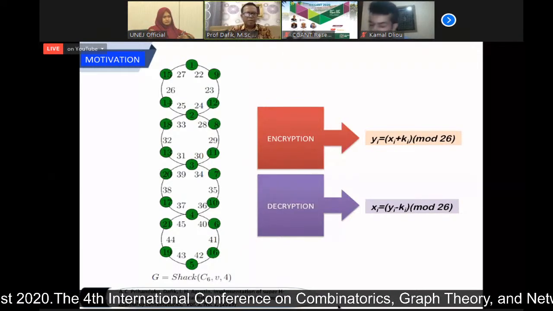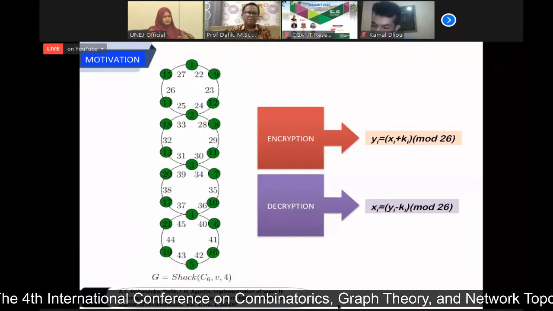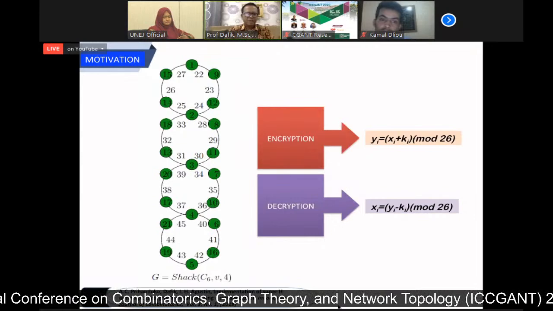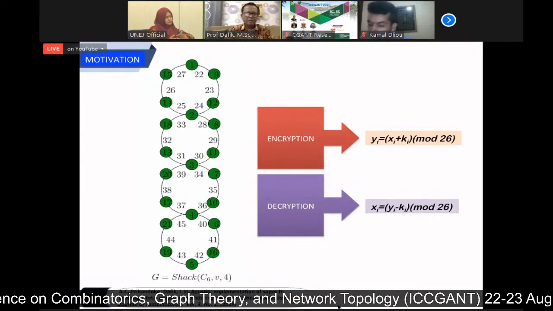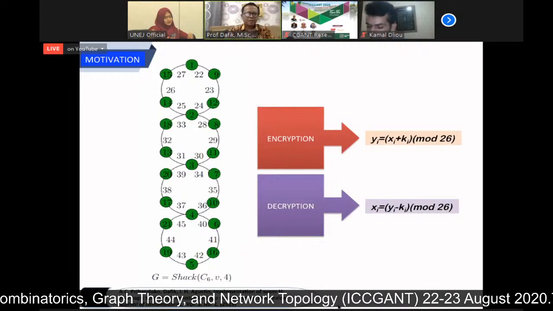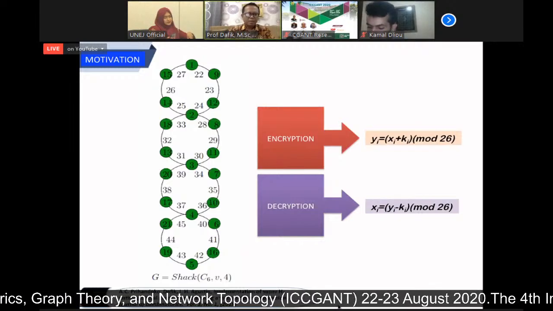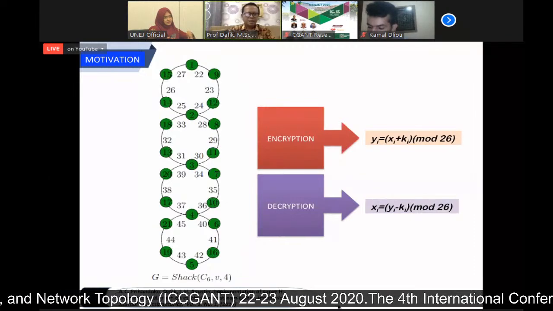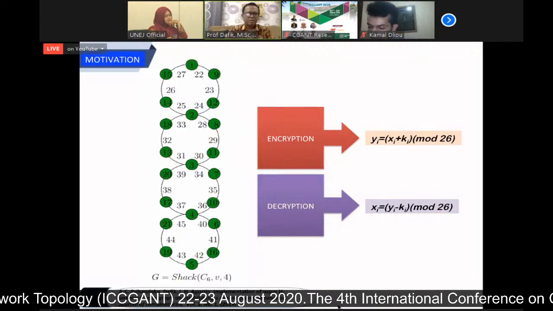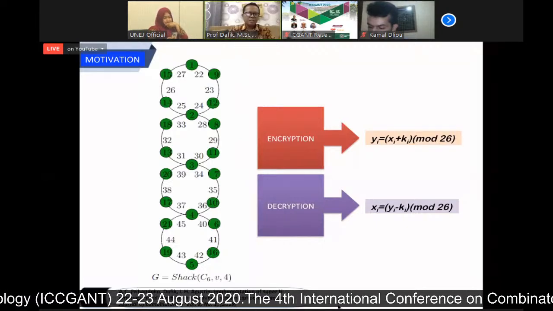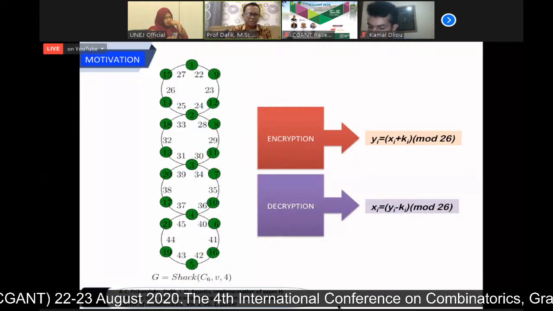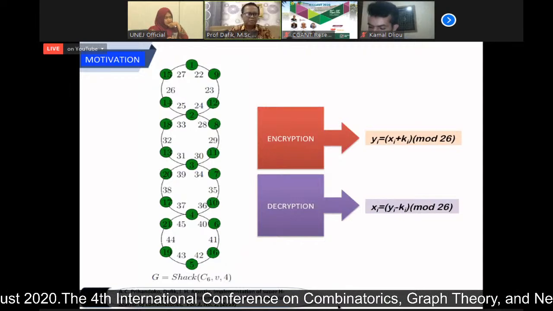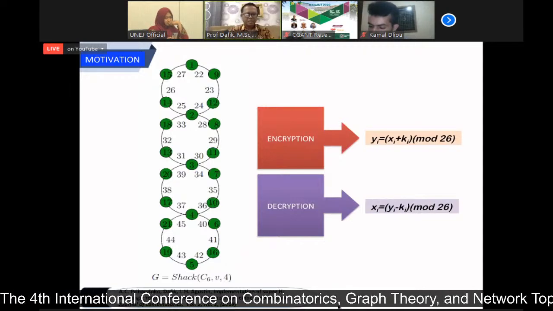So when we have a labeled graph, here we can see a cycle of order 6, and we assign labels onto the vertices. Then we take the addition of two adjacent vertices, and we have the edge weight. If all edge weights are different, then it is anti-magic.